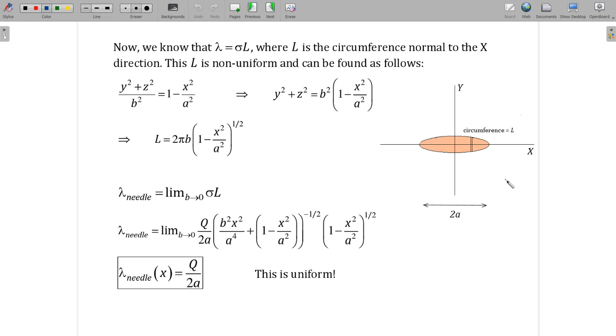Sigma is charge per unit area on that strip, but I want the total charge on that strip. The total charge on that strip will be the charge per unit area times the area of the strip. The area of the strip will be the circumference of the strip times the length dx, right? So the total charge that I produce will be sigma times the circumference times dx.